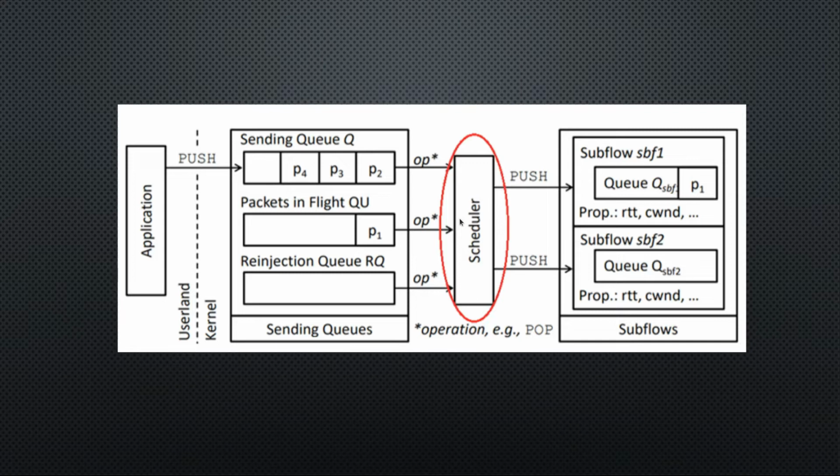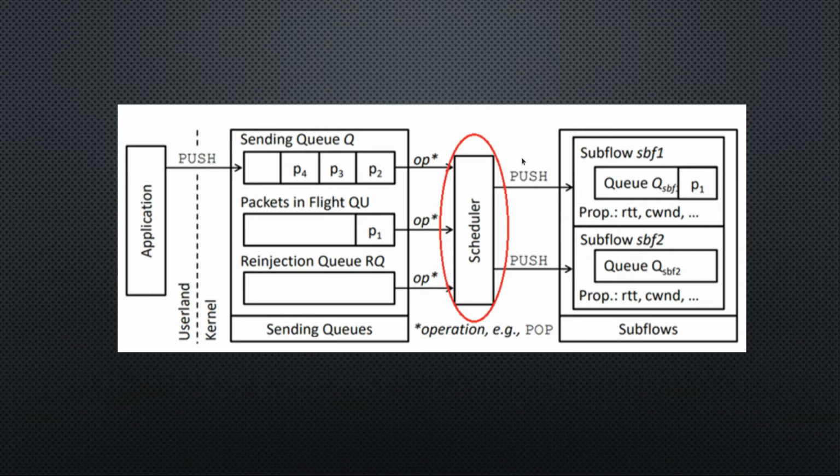The default scheduler that is being used in the Linux kernel is called the lowest RTT. It looks at the available subflows, the subflows that can carry information, and chooses the best one based on the RTT that is the lowest.